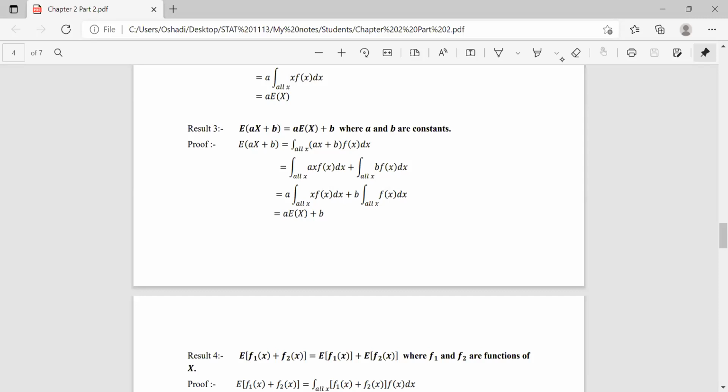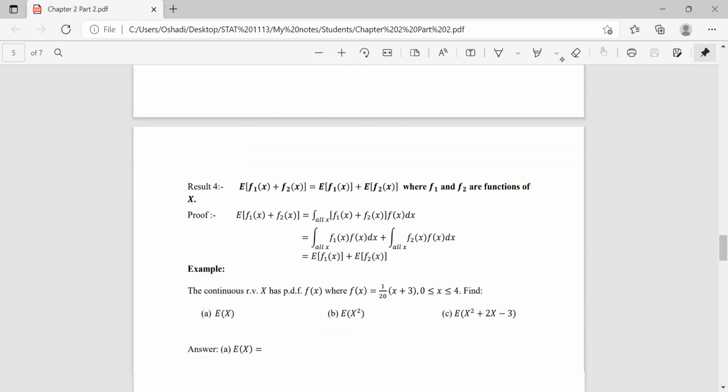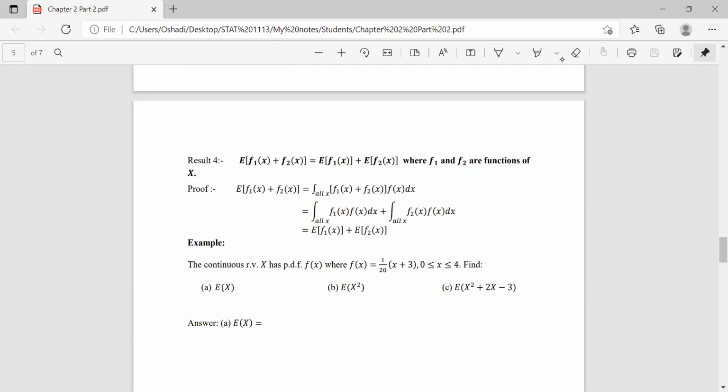It's a into ex plus b, right? And result 4, if there are two functions called f1 and f2, then expected value of f1x plus f2x, we can separate again into 2, and finally we can write it as the separate expected values for two functions, expected value of f1x and expected value of f2x, right?